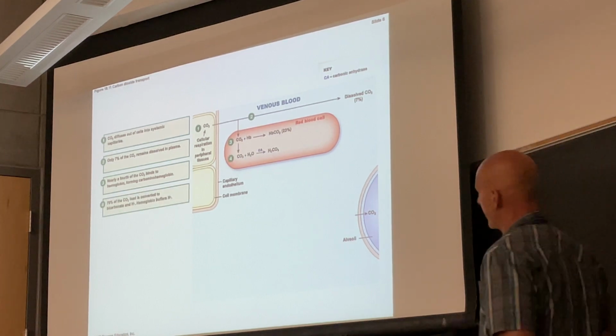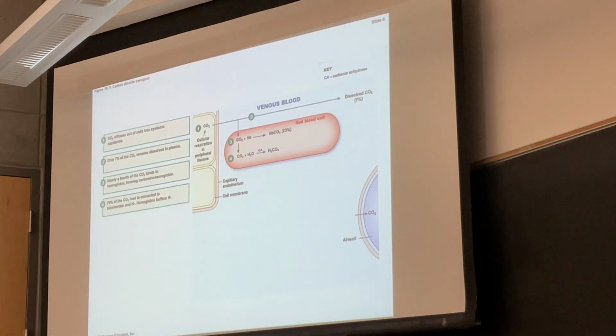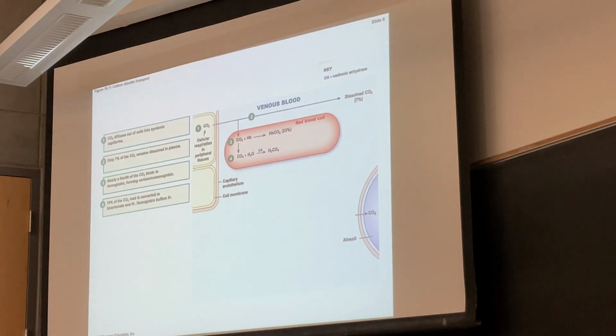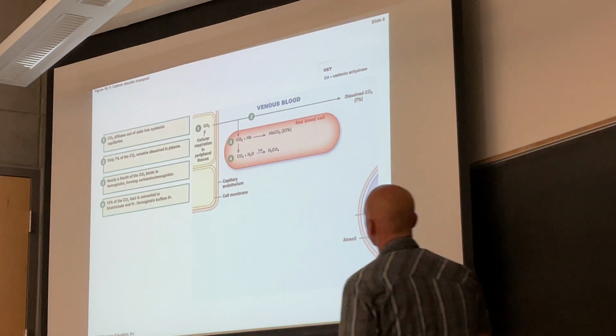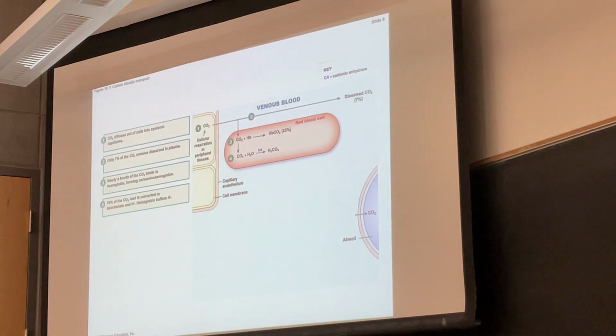the hemoglobin right there. Other parts of it, that CO2 is going to combine with water under the guidance of carbonic anhydrase, an enzyme. That CA right there is an enzyme. And it's going to convert carbon dioxide to carbonic acid, H2CO3.